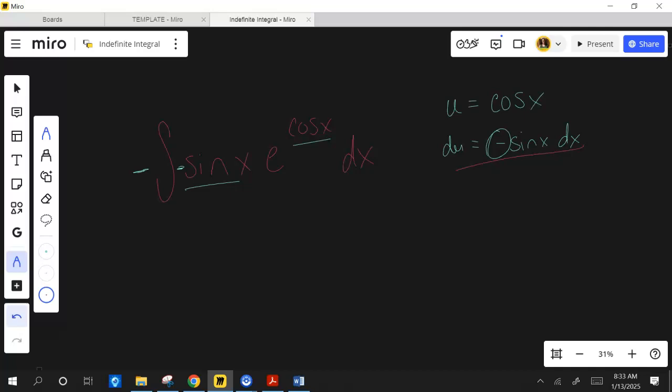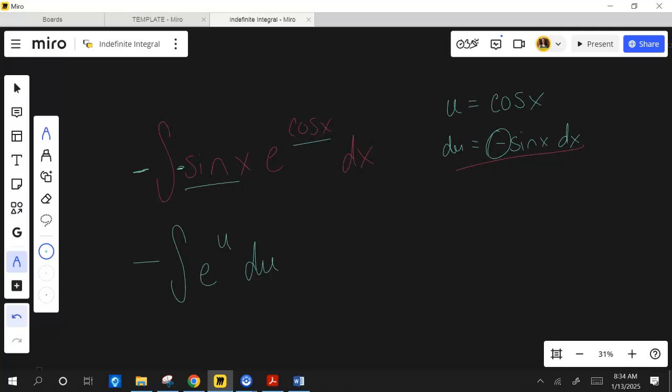Until you get used to seeing it, it's probably more of a guess and check. I always look and say, which one do I have a derivative of? In this case, I had a derivative of both of them. The two functions I see here are sine x and cosine x. One of them I need to make u. So this is going to be negative the integral of e to the u du.